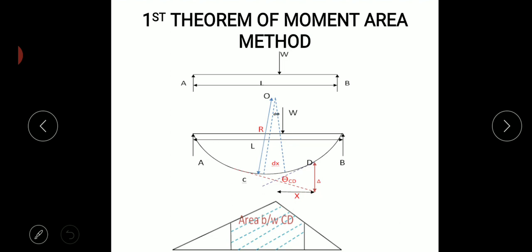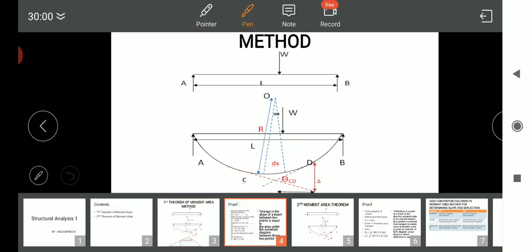From the property of the circle, the arc of the circle is equal to the product of radius and the angle it subtends. Therefore, for the portion CD, I am going to calculate the slope and after that integrate. For the portion CD itself, I am going to consider the property of the circle first.